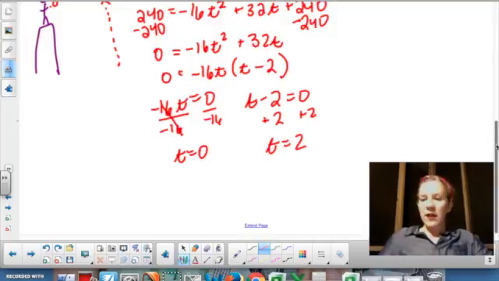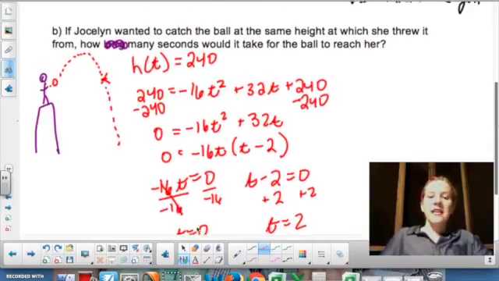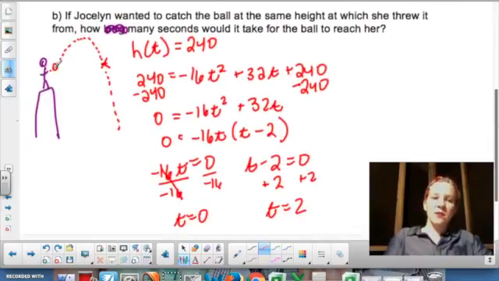Again, this is an application, so you've got to think about which of these solutions makes sense. t represents the time it's taking for this ball to travel. A time of 0 seconds, we know that it started at 240, which is why we got 0 seconds, because the ball is at 240 feet at 0 seconds. But that's not the information we're looking for. What we're looking for is how many seconds it took before it got there again.